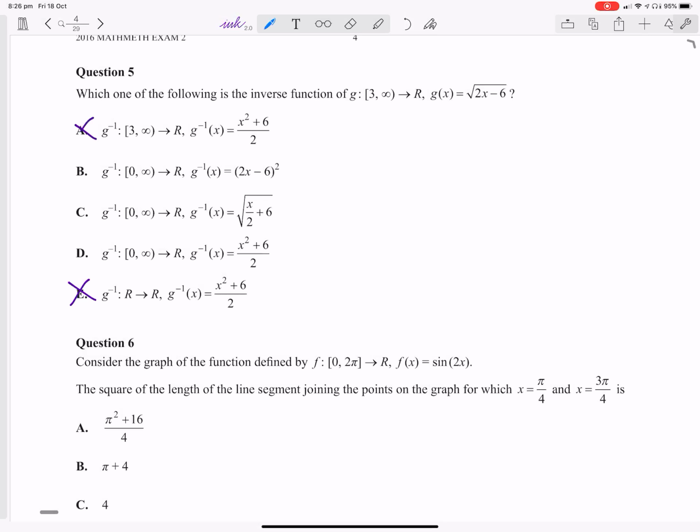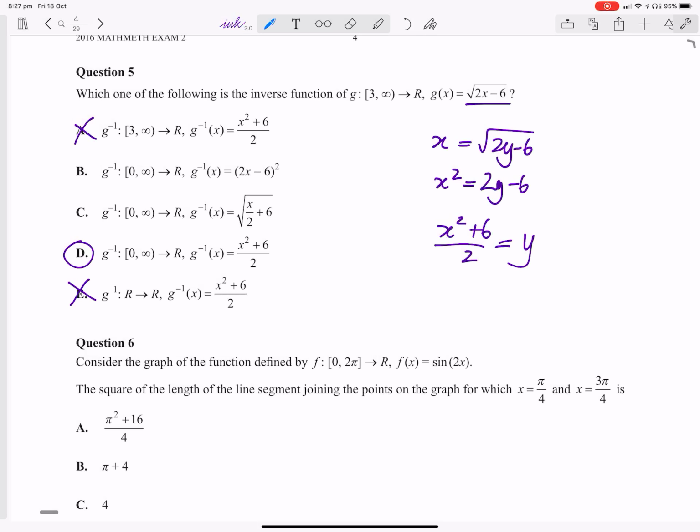So we can scrap some. Next, find the inverse. X equals root 2y minus 6. X squared is 2y minus 6. X squared plus 6 on 2 equals y. Okay, which one's got that domain? Oh, we've only got one answer.